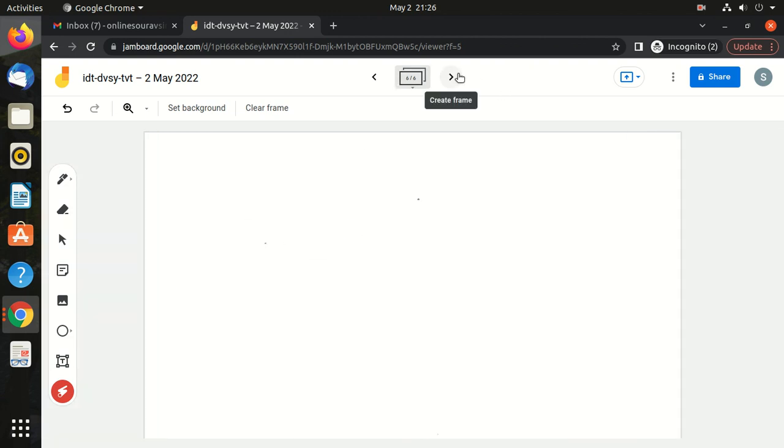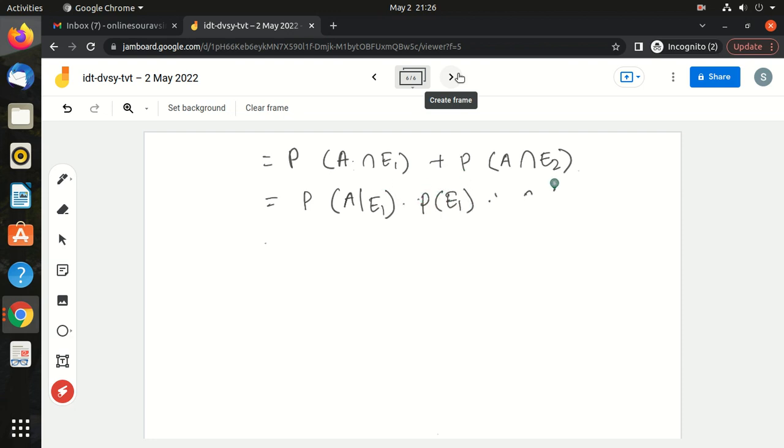You get the probability of A intersection E1 plus the probability of A intersection E2. So this is equal to the probability of A given E1 times the probability of E1, plus the probability of A given E2 times the probability of E2.